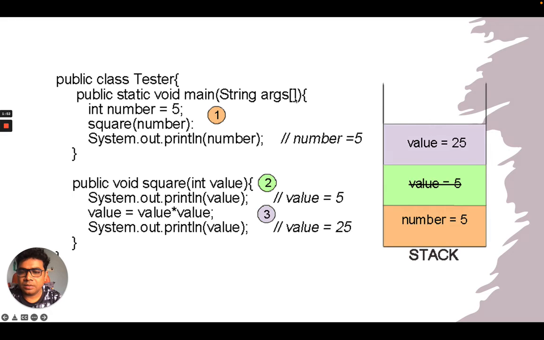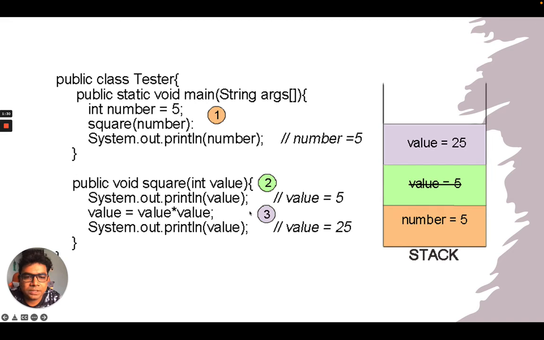In the next example you can see in the class Tester there is a variable number, its value is 5. I am calling the square method. In the square method I am squaring it, but since it is passed by value, whatever changes I make will be on the copy of number, not the actual number.